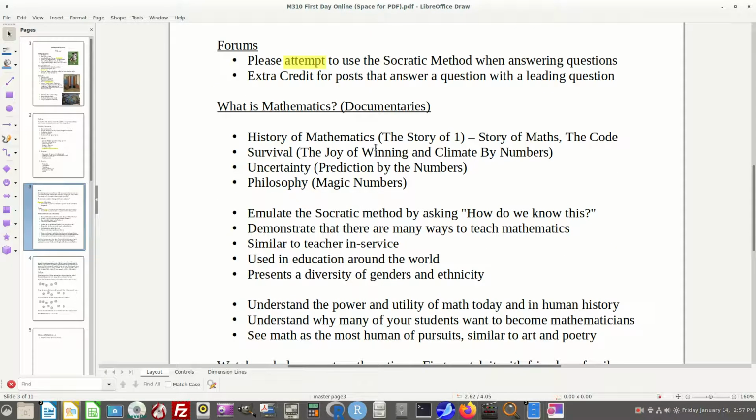Now, I said there'd be no videos in the sense of Zoom and things like that. And I think for any student who has taken an asynchronous course so far, you know that there's no way to get everyone together at the same time to do something like that. But there will be documentaries. So I've kind of divided this semester into 4 categories.